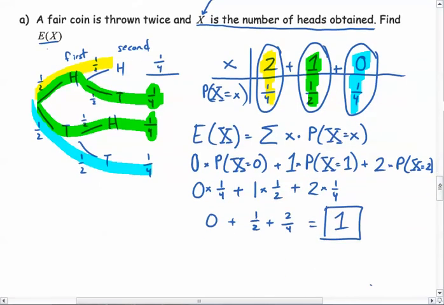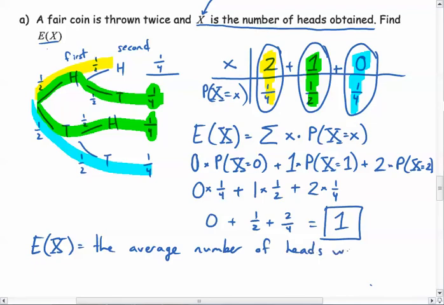Now what does that mean if we translate that into normal English? Since X is the number of heads, the expected value is the average number of heads we get when we toss a coin.